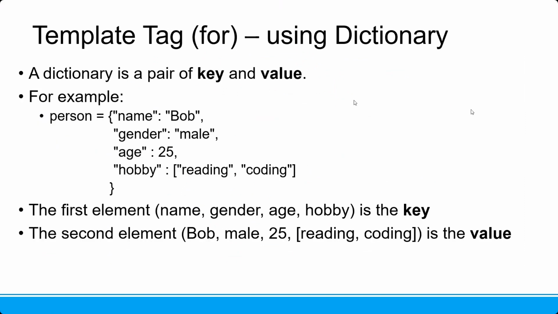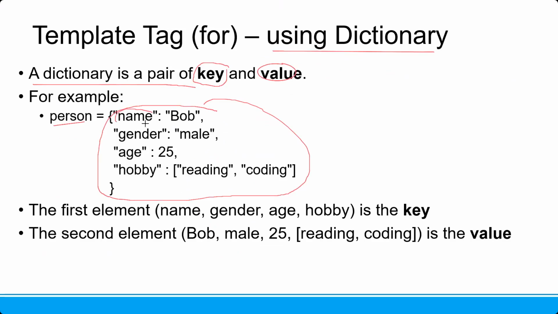The other thing about for is using a dictionary. A dictionary is a pair of key and value. For example, I have a person, and the person has some attributes like this one. Name is Bob. Gender is male. Age is 25, and the hobby, there are two hobbies.